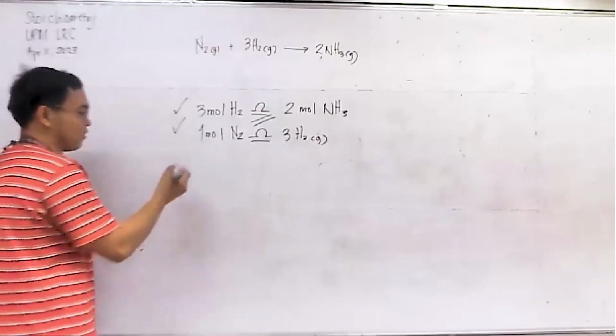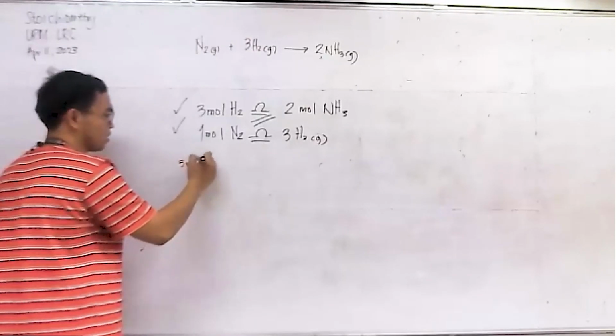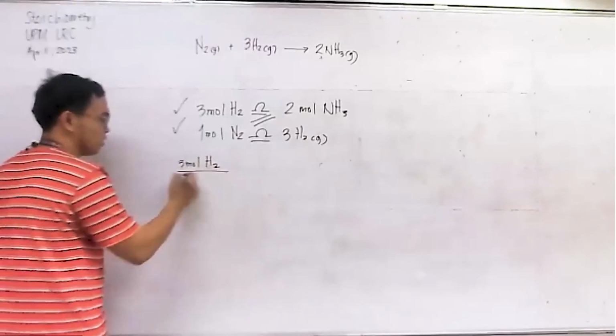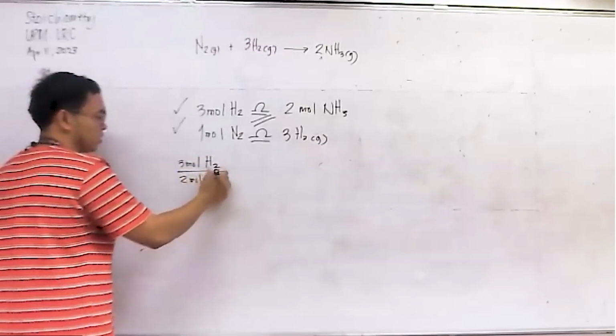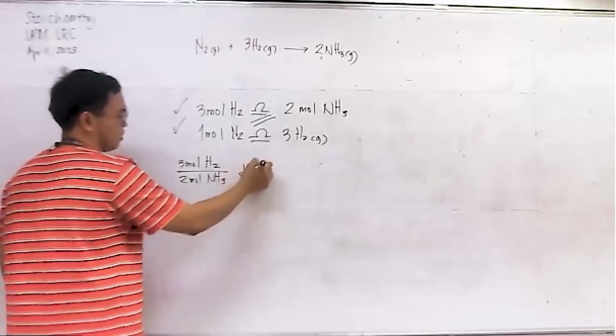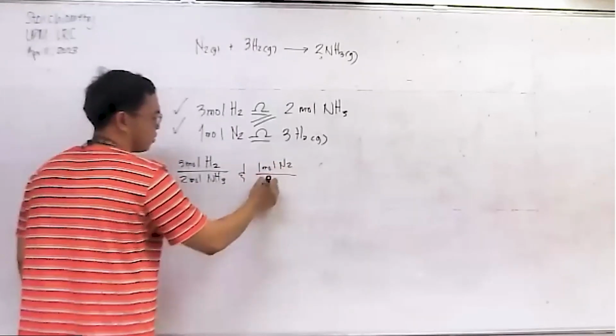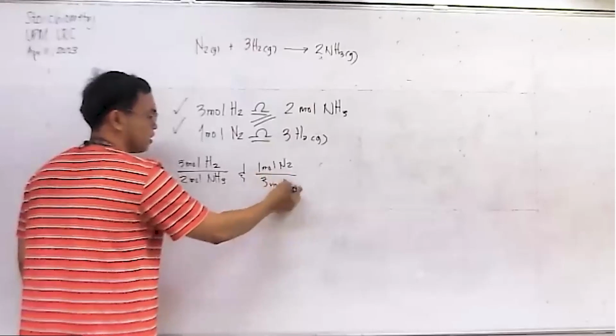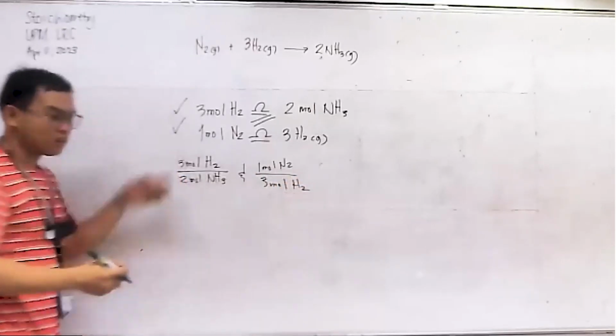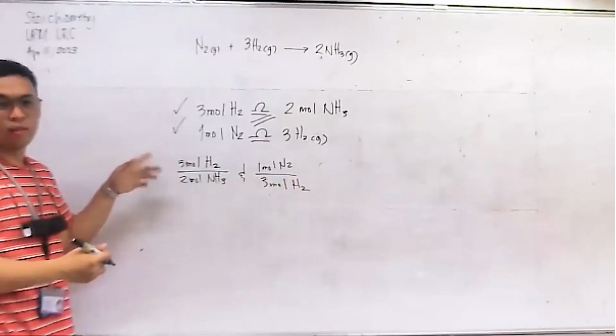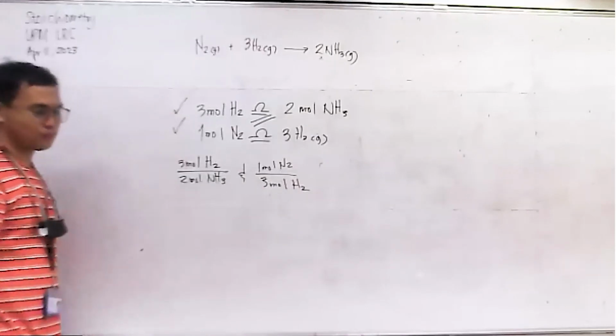Why did we do this? We saw earlier on the screen that 3 moles of H2 is to 2 moles of NH3, and 1 mole of nitrogen gas is to 3 moles of H2. They can be interchanged depending on what we need.